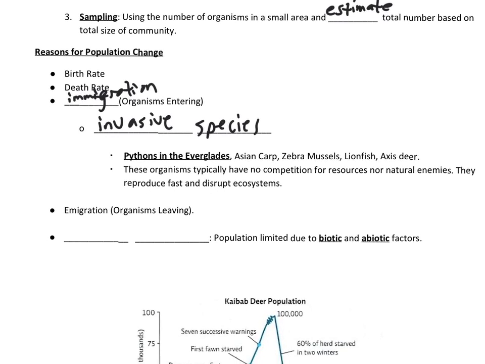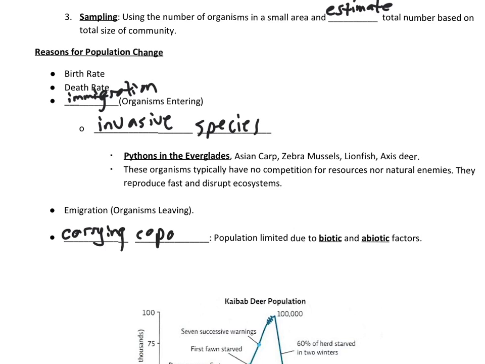Okay. We can also have organisms not only enter an ecosystem, but they can leave. So the opposite of immigration is emigration, right? And we also have a limit to just how many organisms can be in an ecosystem, right? So aside from birth rate and death rate and organisms coming and going, or what kind of competition there is, we also have something called carrying capacity.